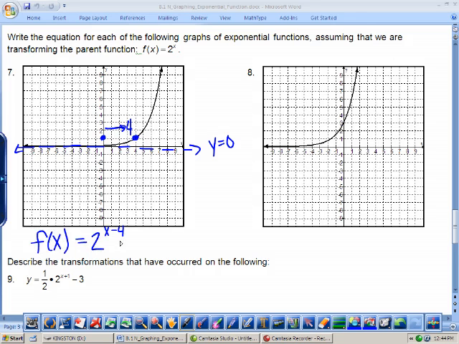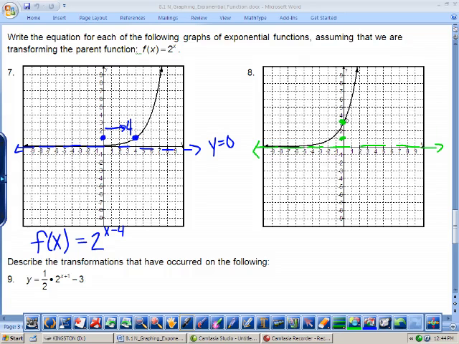All right, let's talk about number 8. Where is the asymptote on number 8? y equals 0. So could you have translated this function up? No. So I know when I first looked to go from 1 to 3, I thought I would just add 2. But if I added 2, where would my asymptote go? Up 2 as well.